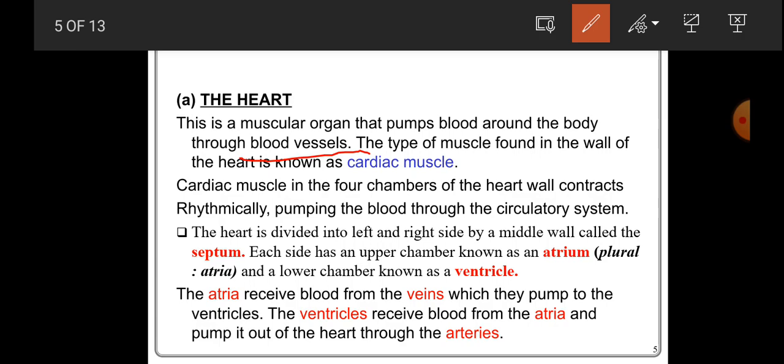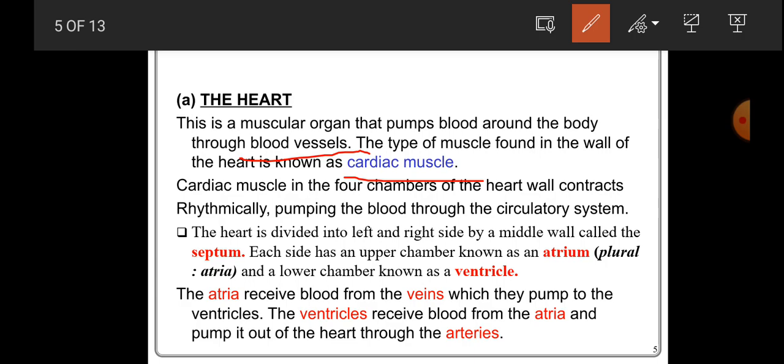It is also important to take note of the type of muscle that is found in the walls of the heart. This type of muscle is the cardiac muscle. Cardiac muscle in the four chambers of the heart contracts rhythmically, pumping the blood through the circulatory system.